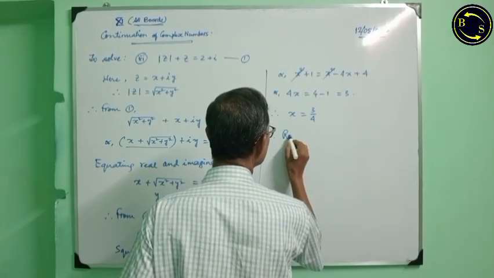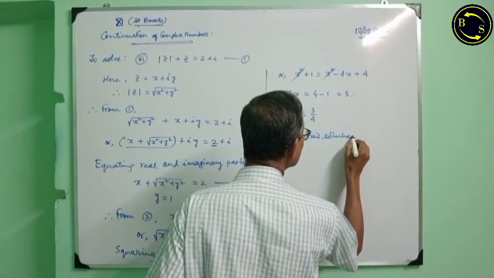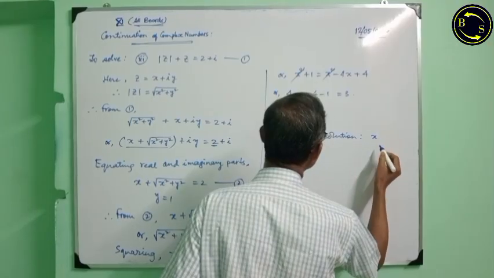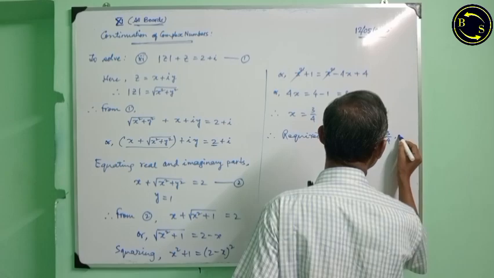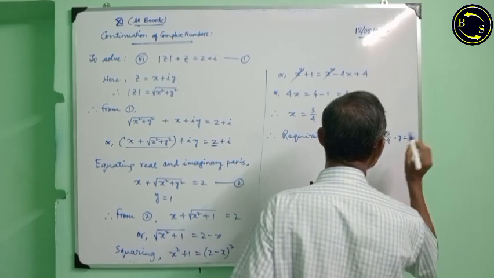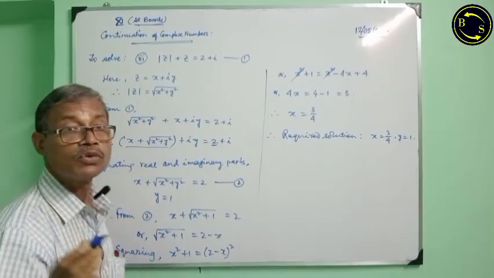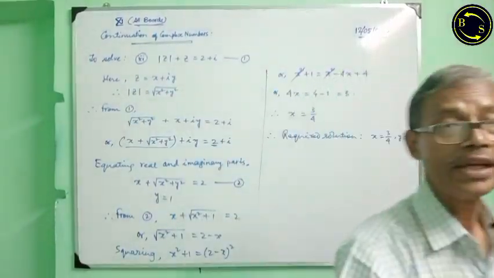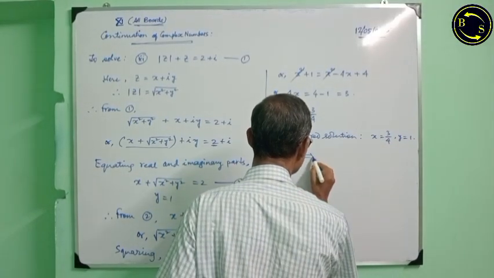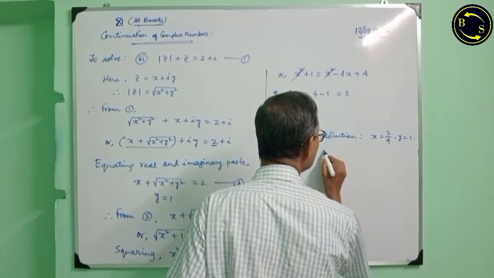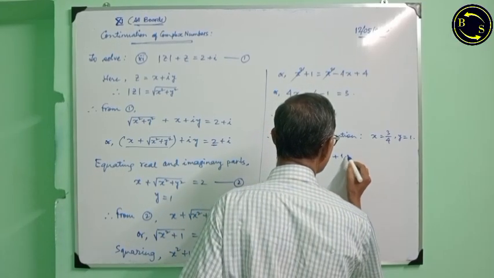Therefore, finally, the required solution: x equal to 3 by 4, y equal to 1. Since it is complex number related, we have to write the answer in the form of z. 3 by 4 plus 1 into i.